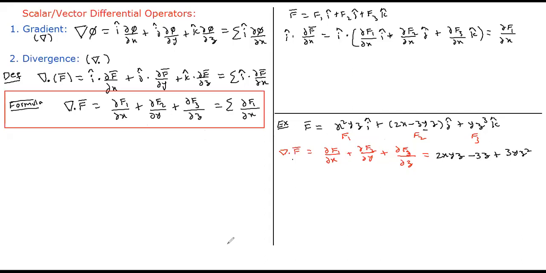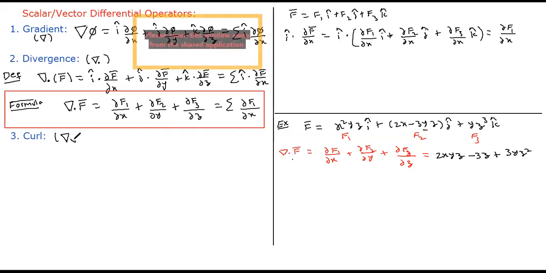Let me write down the third definition. The third definition is called curl. Curl is denoted like this: del cross.